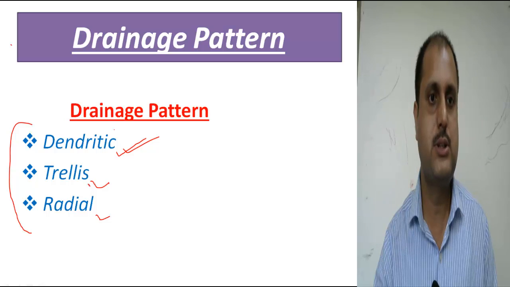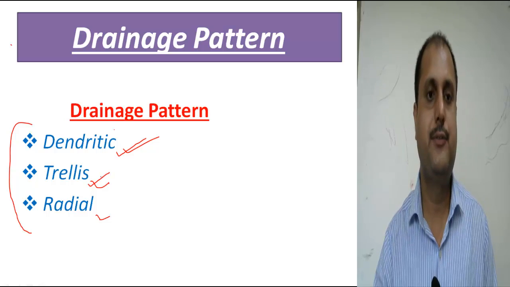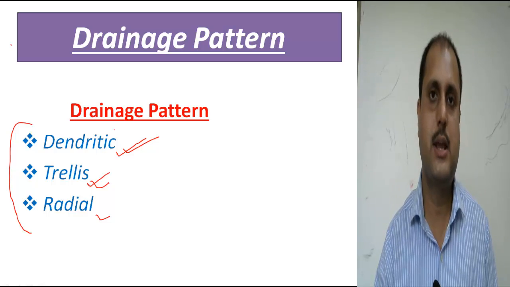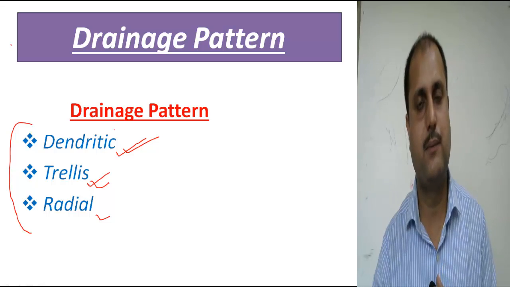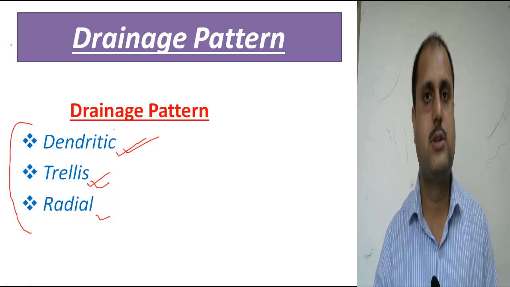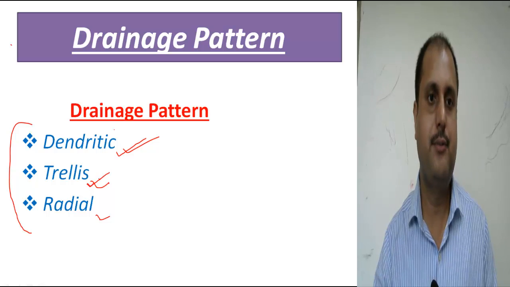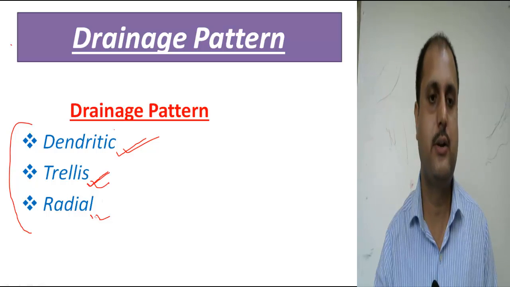Now the next one is the trellis pattern. If the area is filled with rock, and at the same time some of the rocks are hard and some are soft, then it will make this kind of trellis pattern. The third one is the radial.